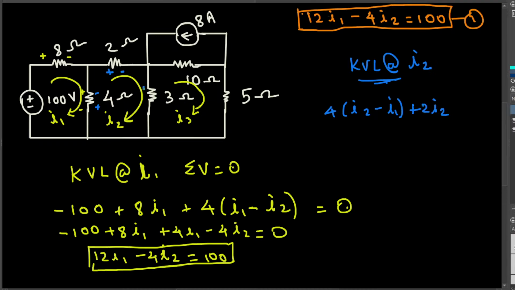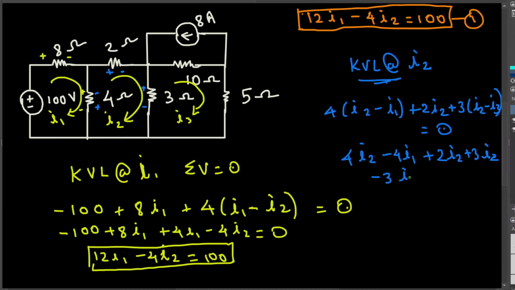And then through the 3 ohm resistor, it's going to go like this. So that's going to be plus 3I2. But if you see, the I3 is going in the opposite direction, right? So minus I3. So that's equal to 0. And if I expand and simplify, this is going to be 4I2 right here, and then minus 4I1, and then plus 2I2 plus 3I2 minus 3I3.